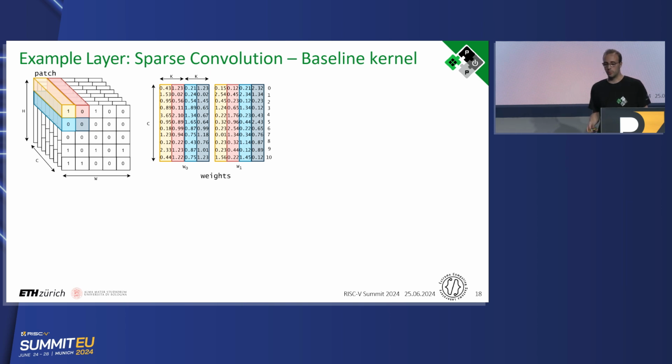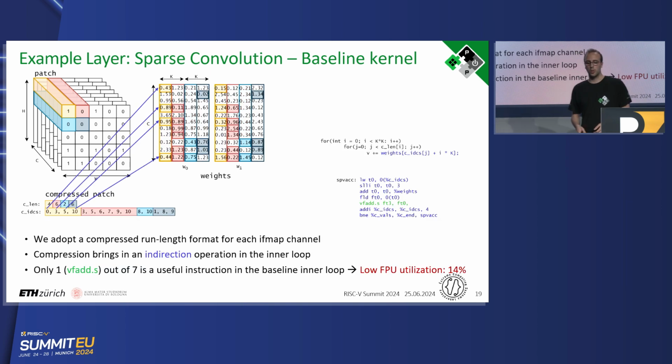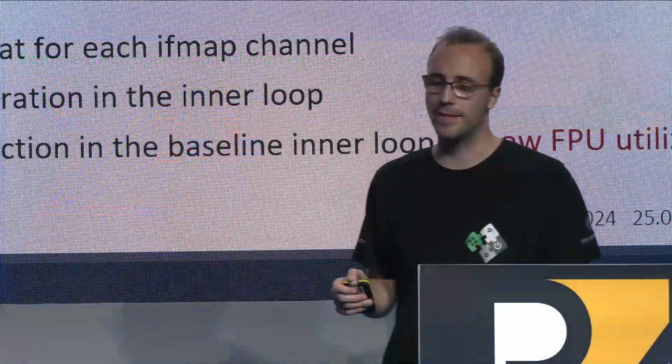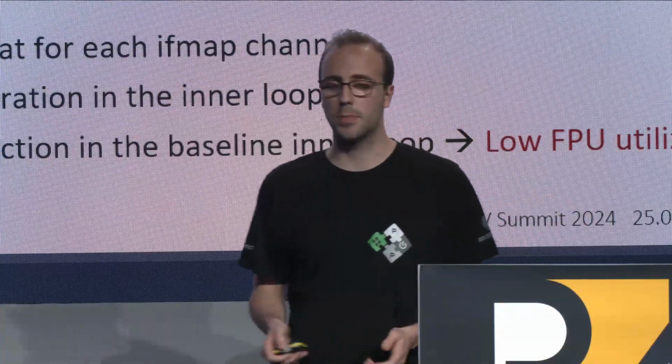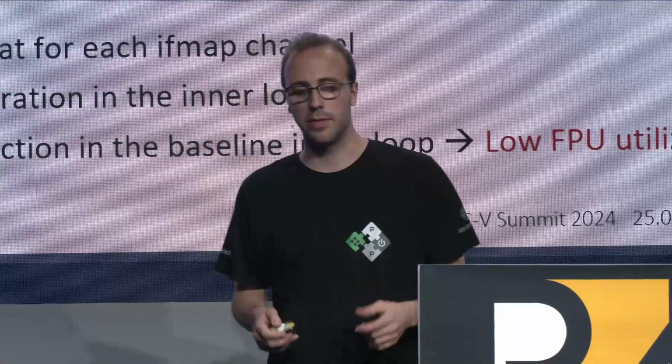So we have the weights, we have the input features, and we adopt a compressed representation for the input features. Each vector is compressed into a channel length value, which tells us how many spiking neurons we have in that vector, and a channel index array, which tells us the channel indexes of the spiking neurons in that vector.